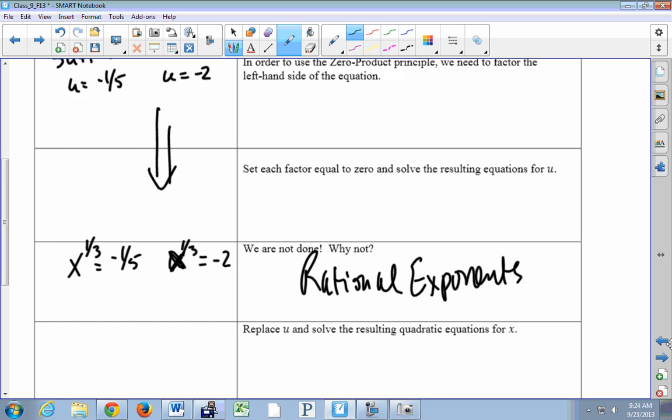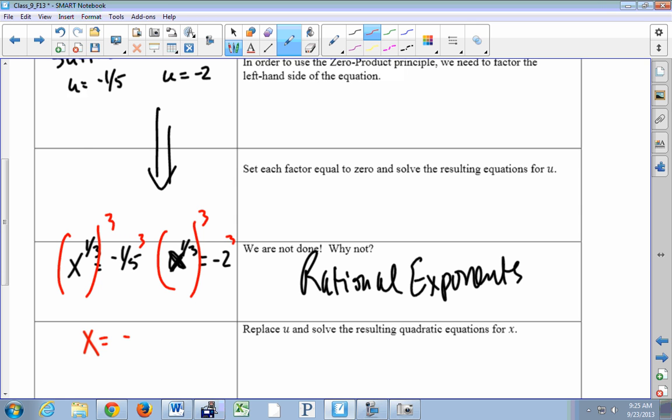Nope, there's no 1 over anything. This just says the cube root, right? How do you undo a cube root? You cube it, right? So if you cube this and you multiply 1/3 times 3, 3 is the reciprocal. Some of you haven't done this homework yet, I can tell. That's okay. So you cube each side and you get x.